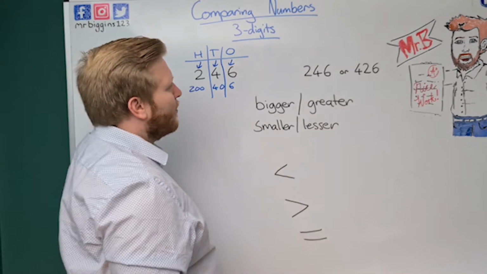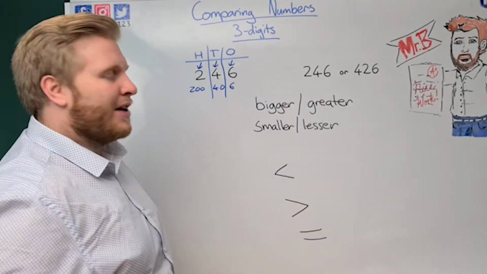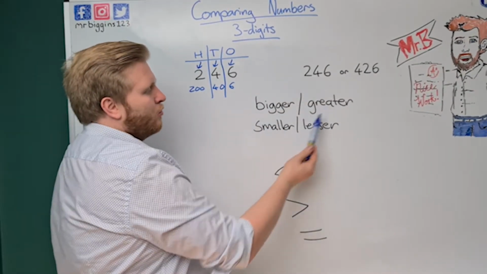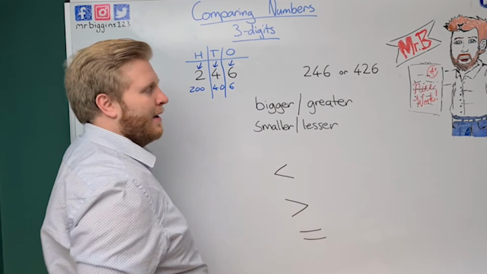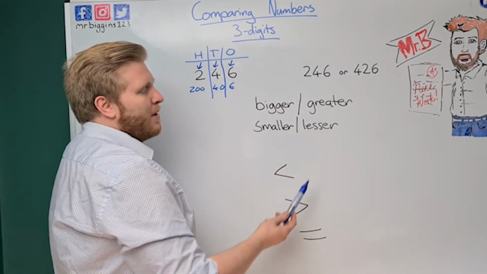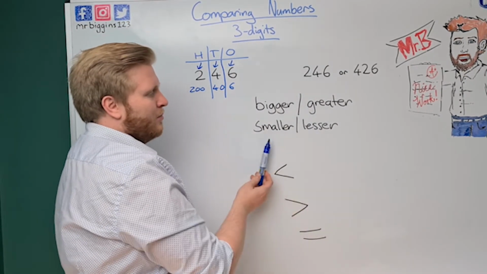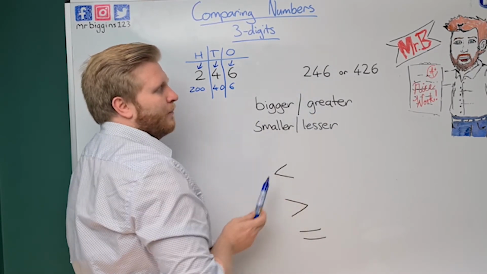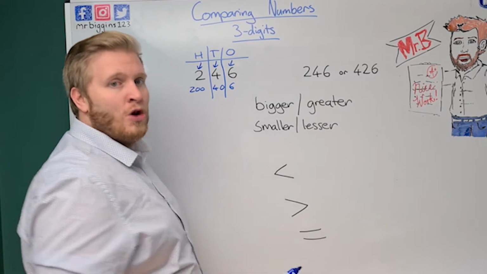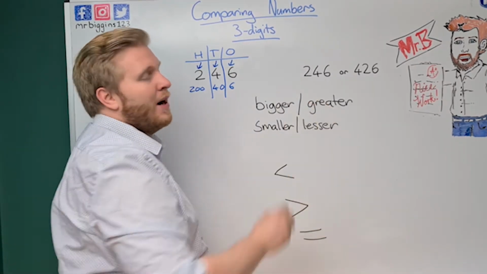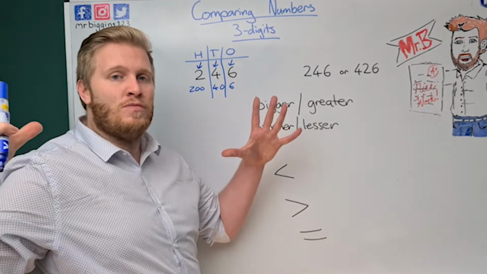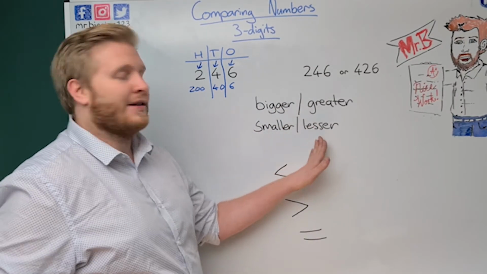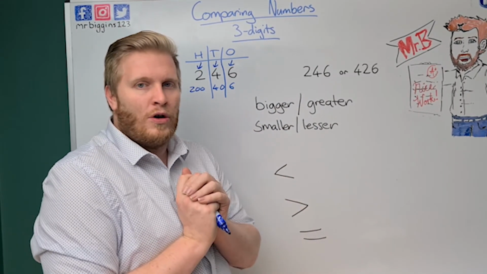So if I've got these 2 numbers, I might be asked a couple of things. We've got bigger, greater, or smaller, or lesser. Okay, so which number is worth less? Which number is smaller? Which number is bigger? Which number is greater? Which is the biggest number? So these words, we know bigger and greater means we're looking for the biggest number, and smaller or lesser means we're looking for the smaller number.